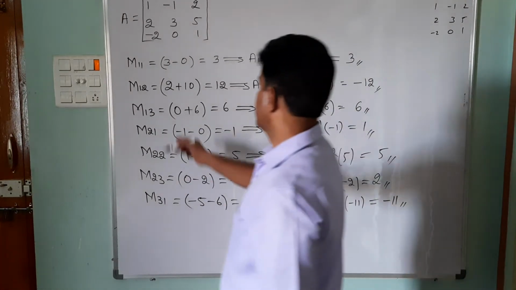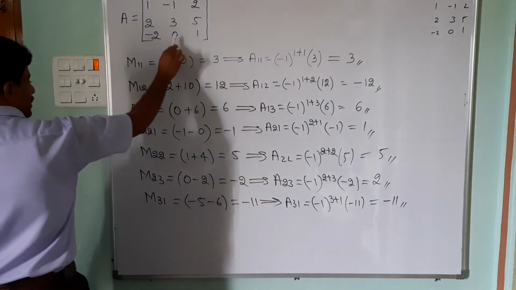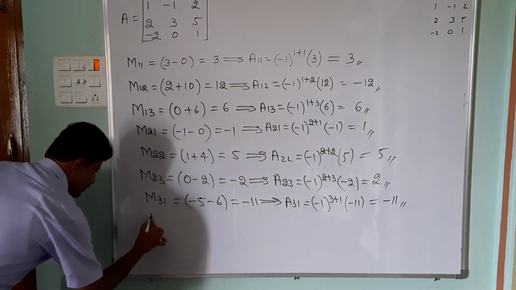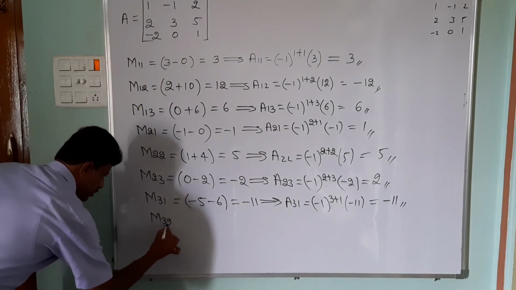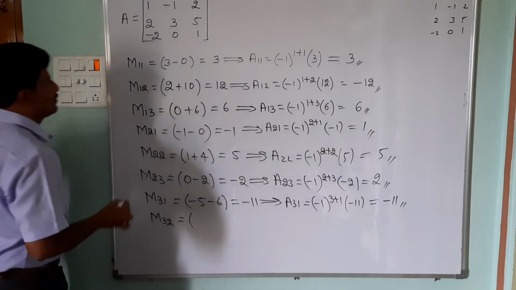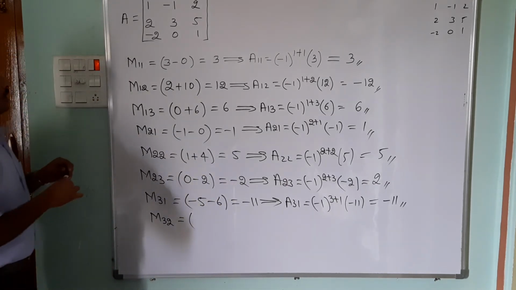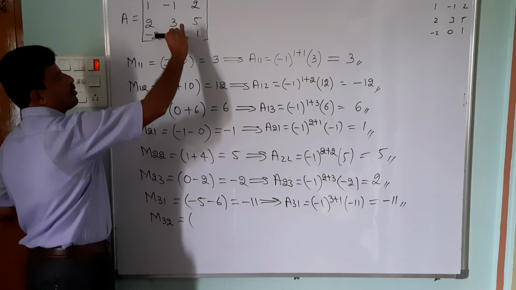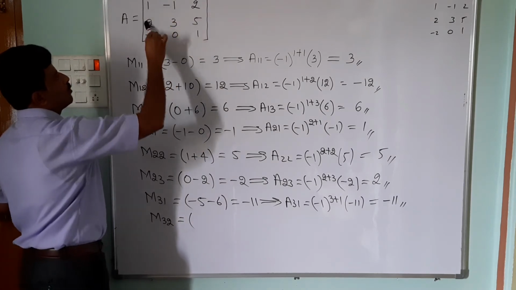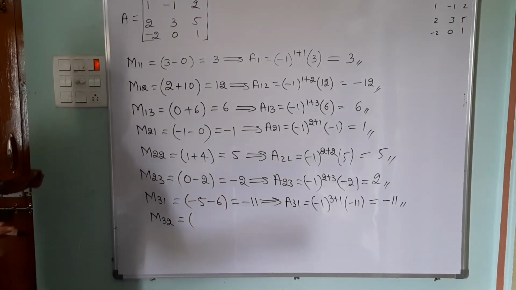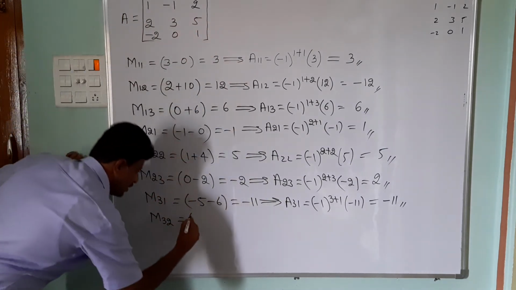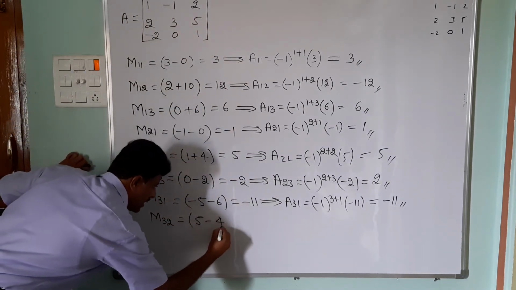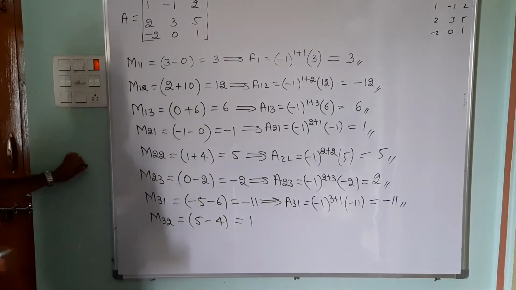Next, cofactor of 0, look here, 3 2. m32 is equal to, yes, 0 is not ready. Close this row and column: 1 2, 2 5, 1 into 5 is 5, minus 2 twos is 4, that is equal to 1.